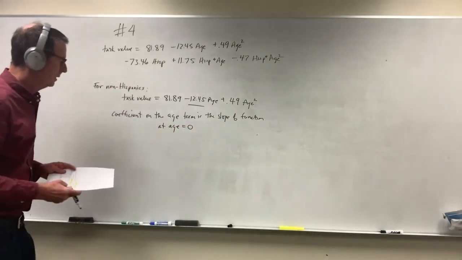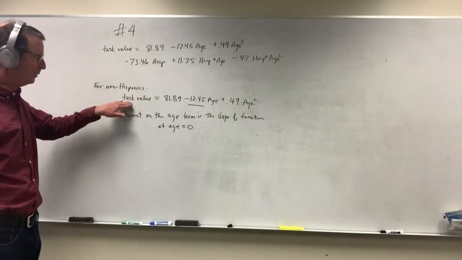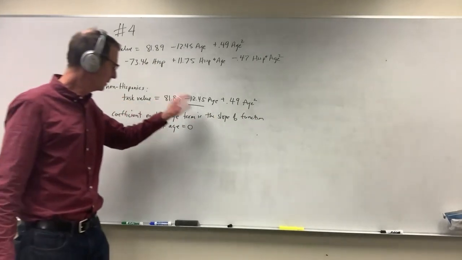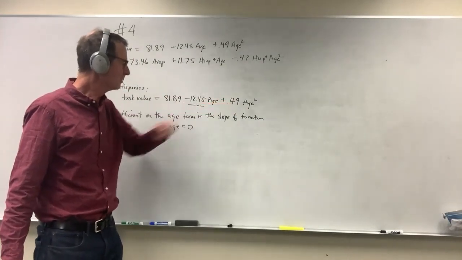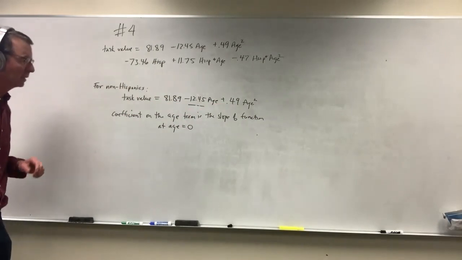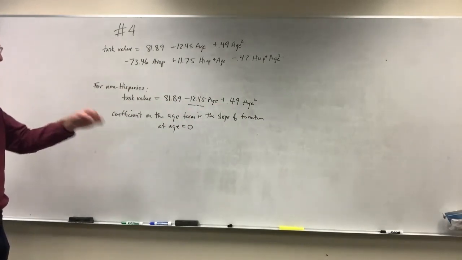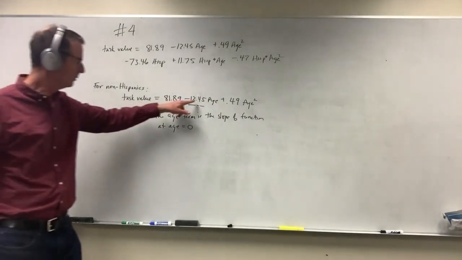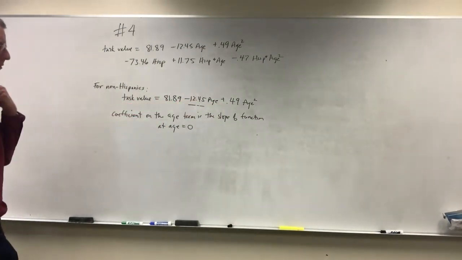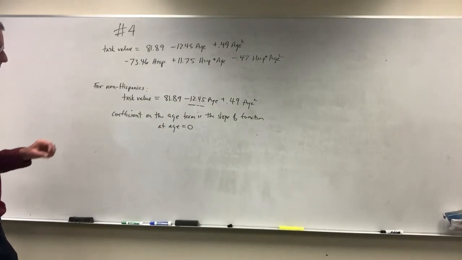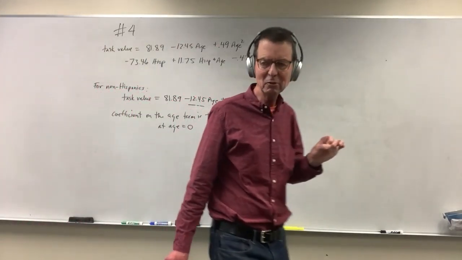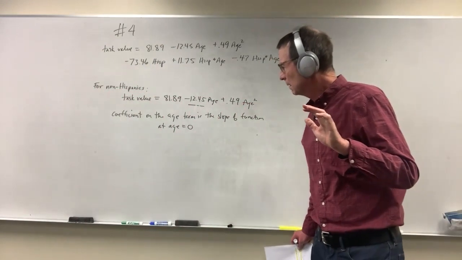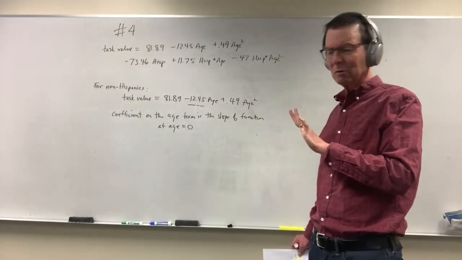Right? We took the derivative of task value with respect to age, and we just got minus 12.45 plus 2 times 0.49 age. So solving for age equals 0 just gives you this as a slope, and that's the slope at age equals 0. So going from the point of birth, I mean, it's clearly ridiculous because if you centered the age variable, it'd make a lot more sense here.